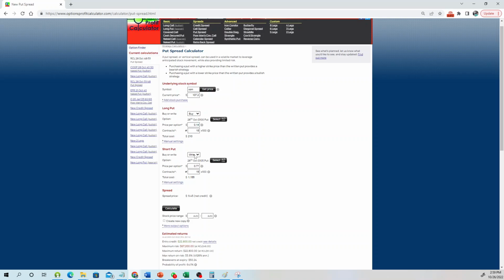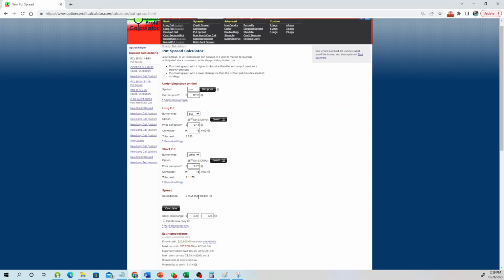The put that I actually sold, I sold 15 contracts, and each one was 77 cents times 100, $77. So $77 per contract, meaning that I would purchase 100 shares times 15 contracts at $105 if it dropped below it. For doing that, selling those contracts brought in $1,155.